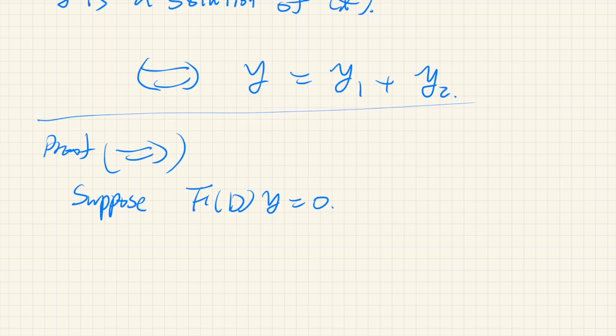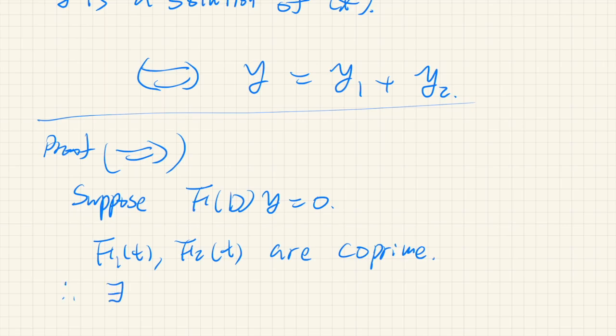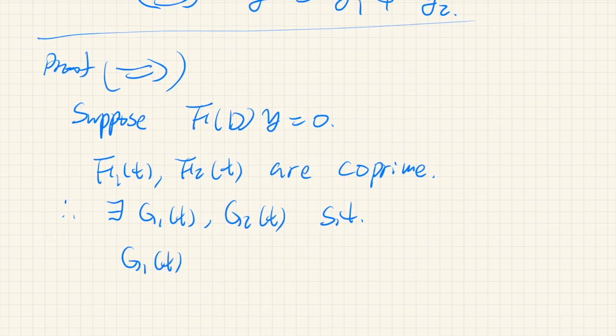Okay, then since f1 and f2 are coprime, there exist some polynomials g1 and g2 such that g1 f1 plus g2 f2 is equal to 1.